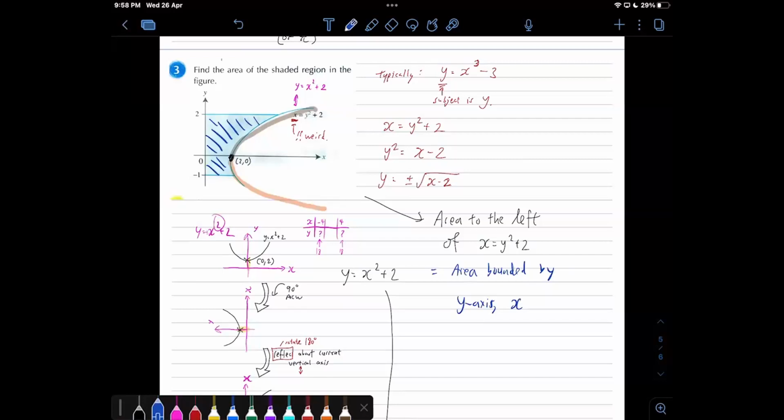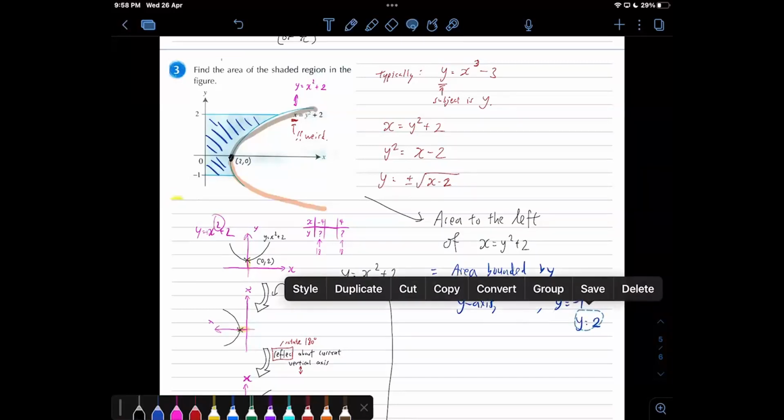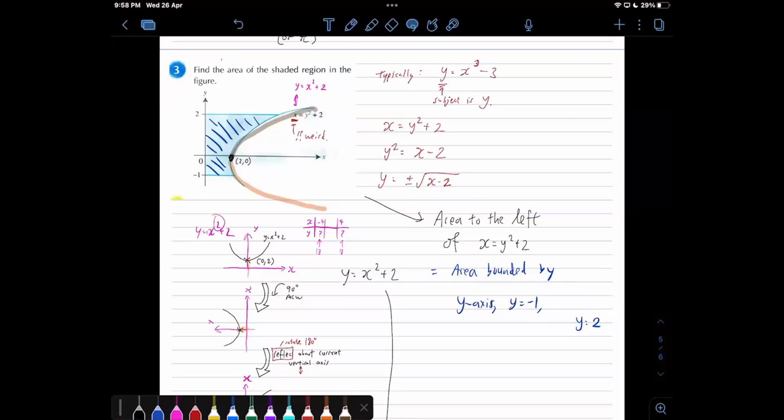So it's y equals 2, can you see y equals 2 and y equals -1? Maybe I should start from small to big. Y equals -1 and y equals 2 at the bottom and at the top. And then the curve. Okay, instead of below, it's to the left.